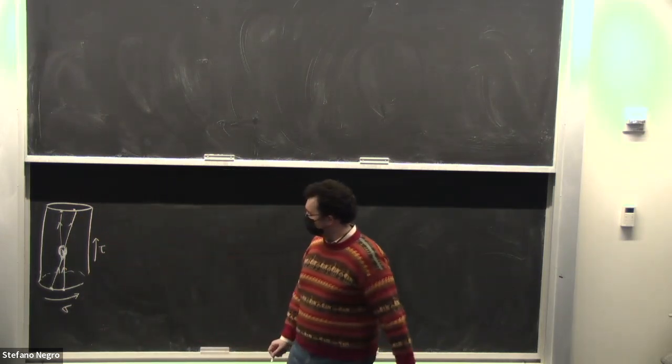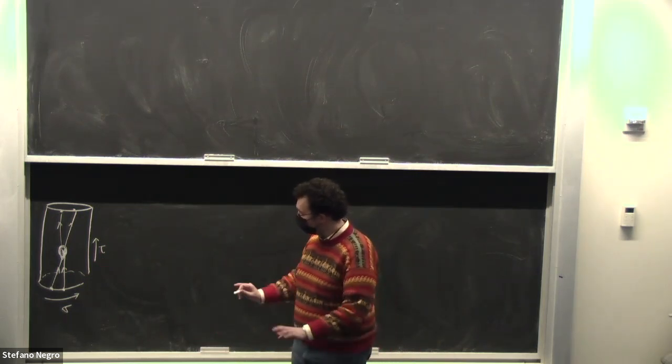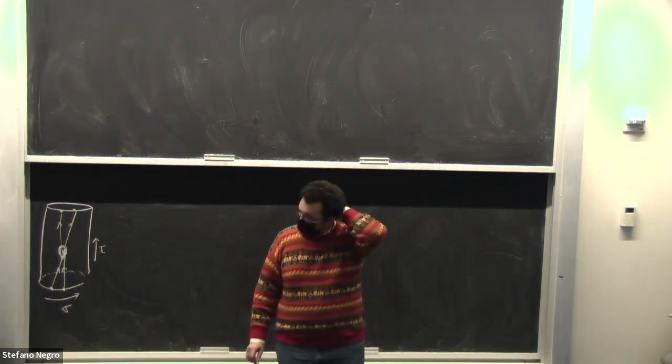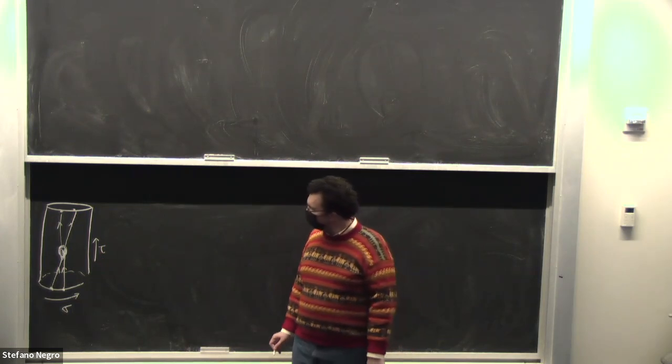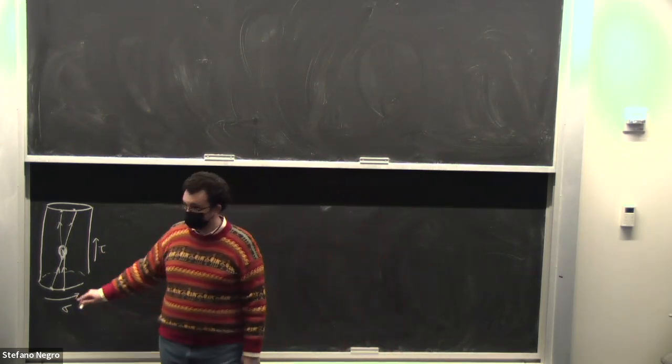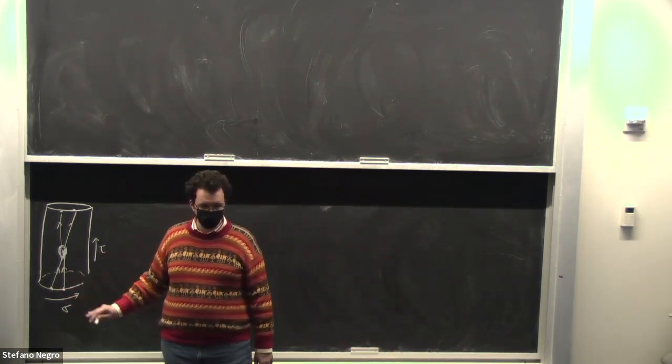The problem is that it's extremely difficult for any model, even for the simplest relativistic model that you can think of, as long as it's not free, it becomes immediately quite complicated to study these theories in finite volume. Okay.